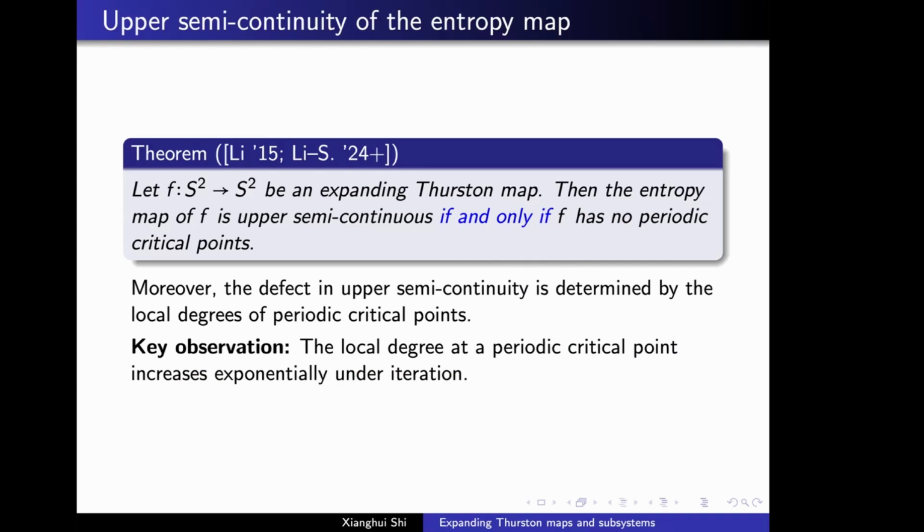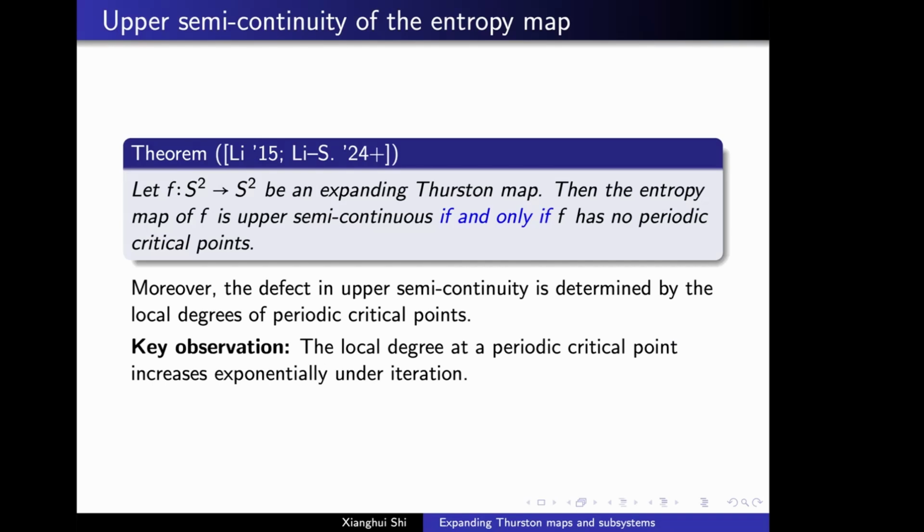As the map iterates, the local degree of this point grows exponentially. So in other words, near this fixed point, we can find an exponentially increasing number of tiles that get very close to this fixed point.